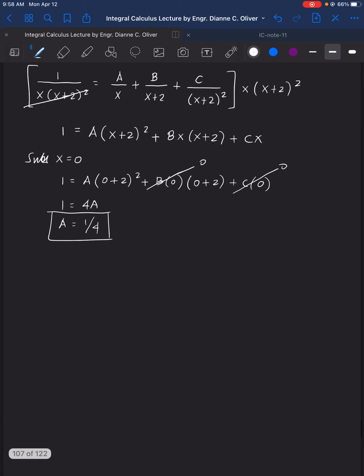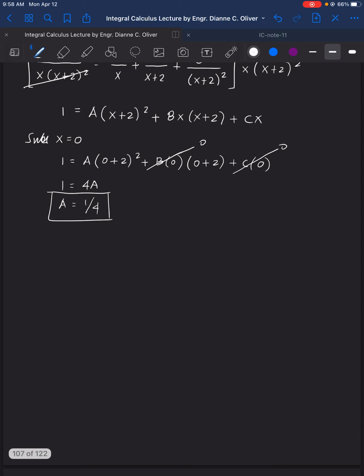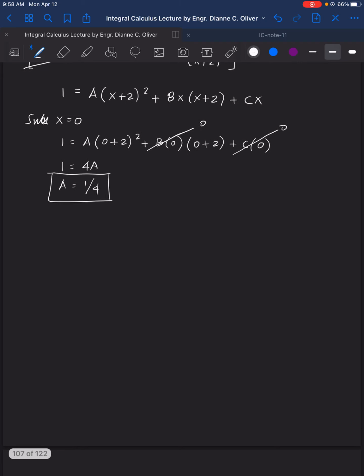Next, we will try to get another value by substitution. We can get the value for c if we substitute x with negative 2.